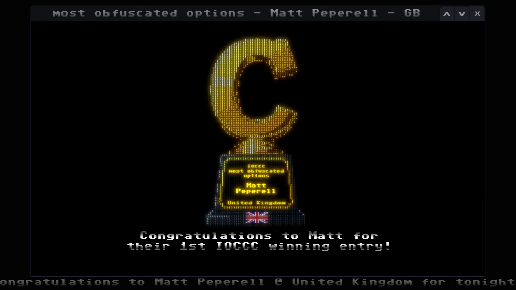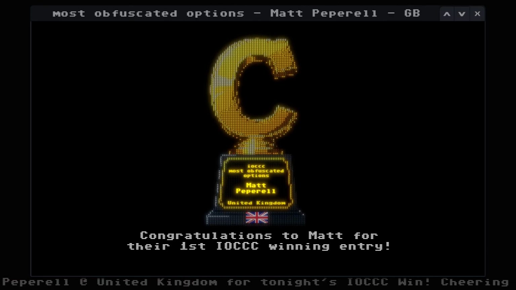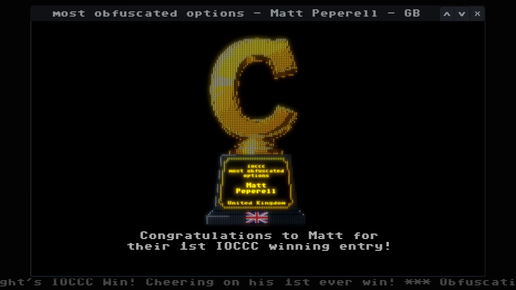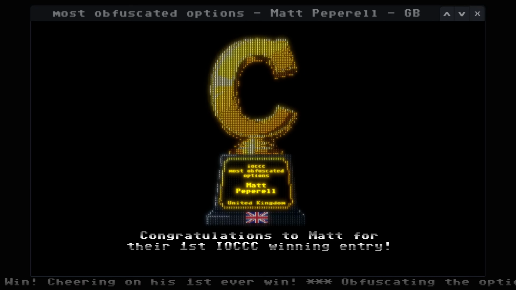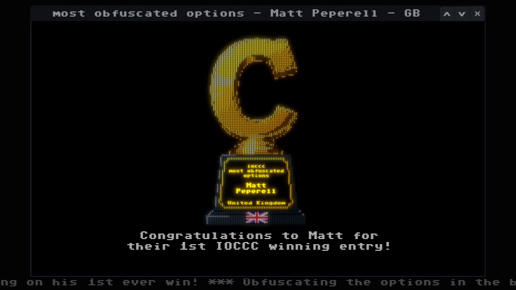So your challenge is to determine how the argument of prog determines whether it's encoding or decoding. Again, how does the argument, which could be a number, could be several arguments, a single argument, determine whether or not it encodes or decodes? There are other fun things too, but that's your challenge, to understand the obfuscation of its options.